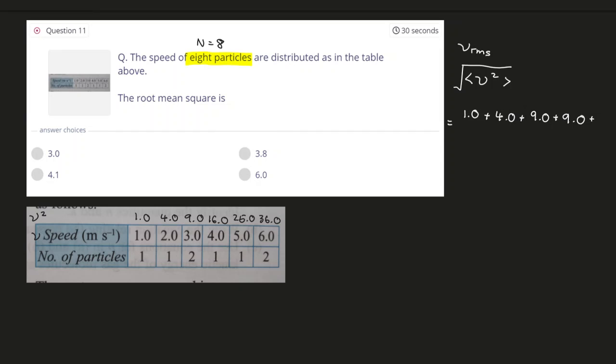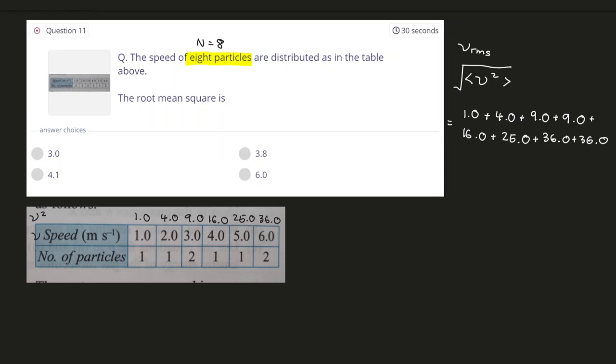There's 1 particle moving with 4 meter per second, so V square of 16.0. Then 1 particle with V square of 25.0, and 2 particles moving with V square of 36.